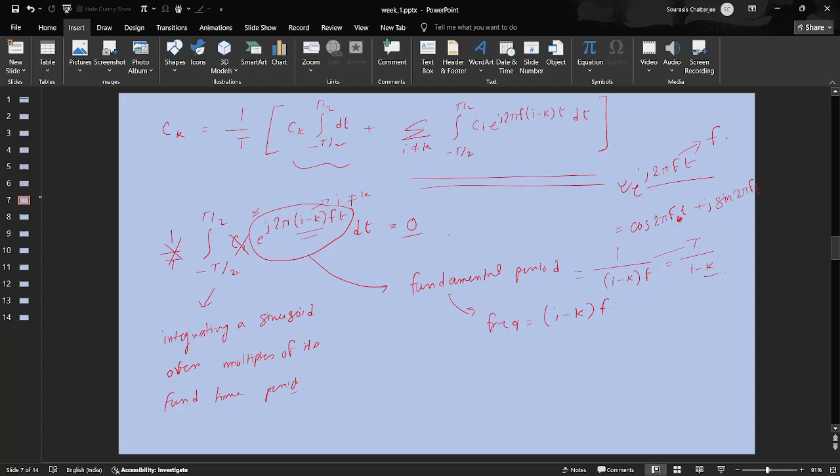My integration interval is of duration T, and the sinusoid's fundamental period is T over (i minus k), which basically means I'm integrating it over multiple periods, (i minus k) times its integration over its fundamental time period. So what is it going to be? Let's try to see from this one here.